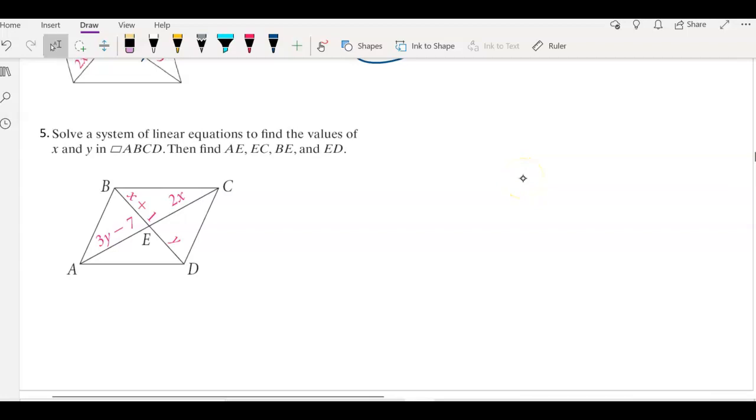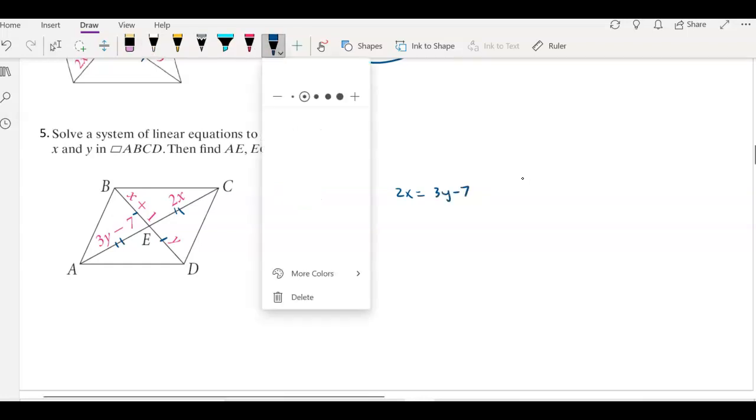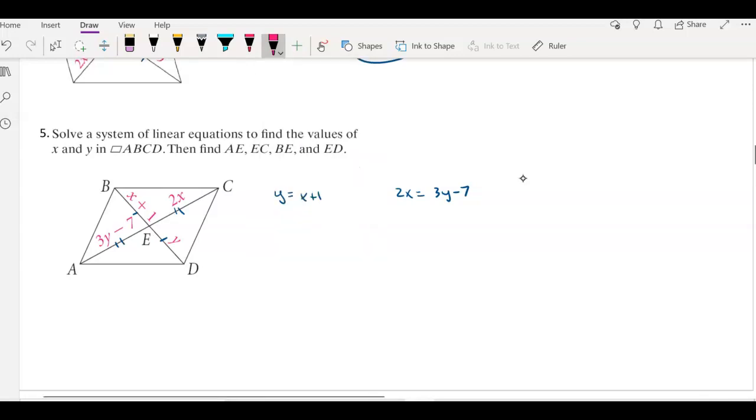And the last one, right? So when I look at this and I set up the fact that these are congruent, y is equal to x plus 1. And once I set these equal to each other, I know 2x equals 3y minus 7. Both of these equations give me two different variables. So what I'm going to use is substitution to find the value of the first variable.